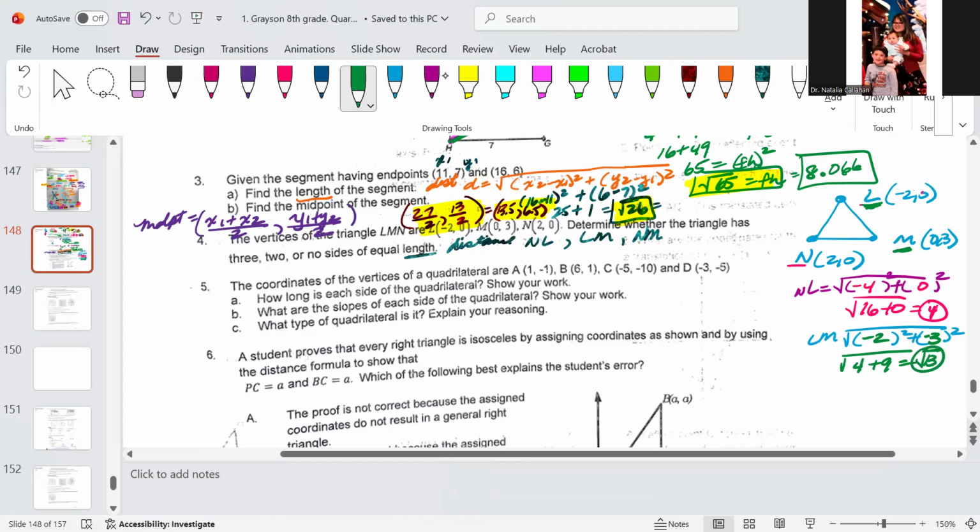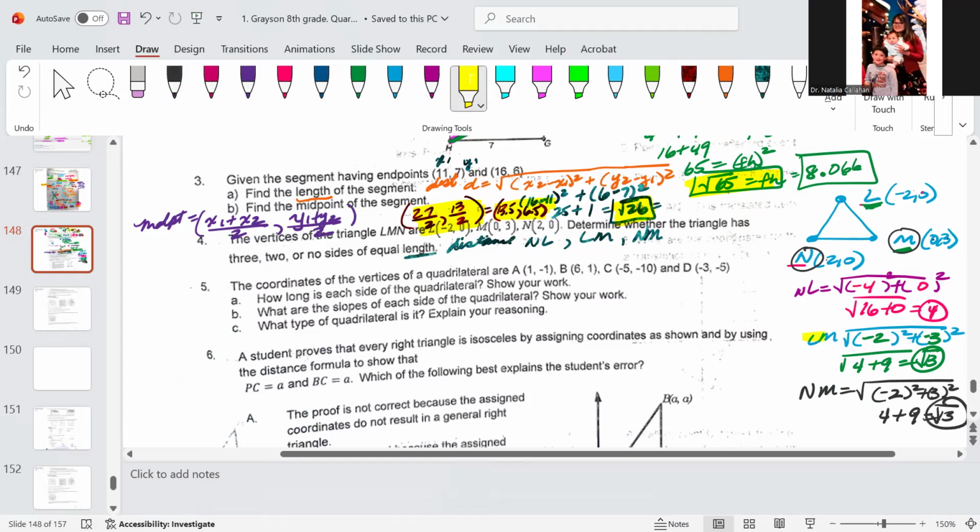Yeah. Last one, which is NM, right? Set it up again, squared, squared. So NM, just go 0 minus 2 is -2 squared, right? Yes. 3 minus 0 is just 3 squared. So that's going to give me 4 plus 9, 13, right? And guess what?